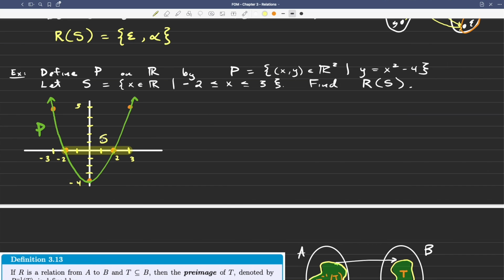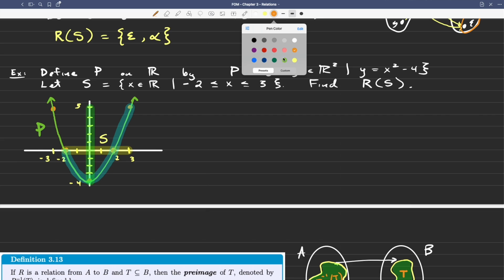The y components that I see paired up with that part of the x-axis looks like this to me. I'm going to highlight it in blue on the y-axis. That part of the x-axis corresponds to this much of the parabola that I'm highlighting in blue here, and it stops right there. So the y coordinates that correspond to that, I'll put on the y-axis here in green, like so. So what I have over here on the y-axis is your R of S.